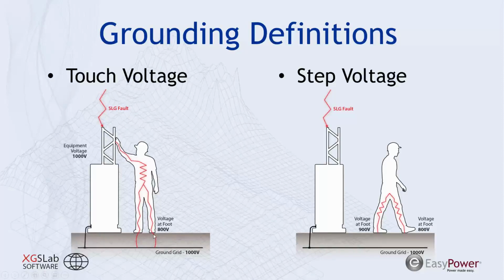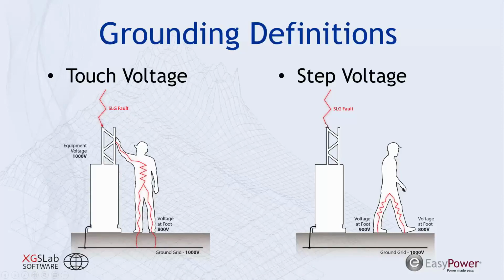So in this situation, because of how the voltage propagates in the soil, the individual is standing where the potential at their feet is approximately 800 volts, while the potential at their hand is 1,000 volts. We would call this a 200 volt touch potential, and this voltage difference is what we look at.